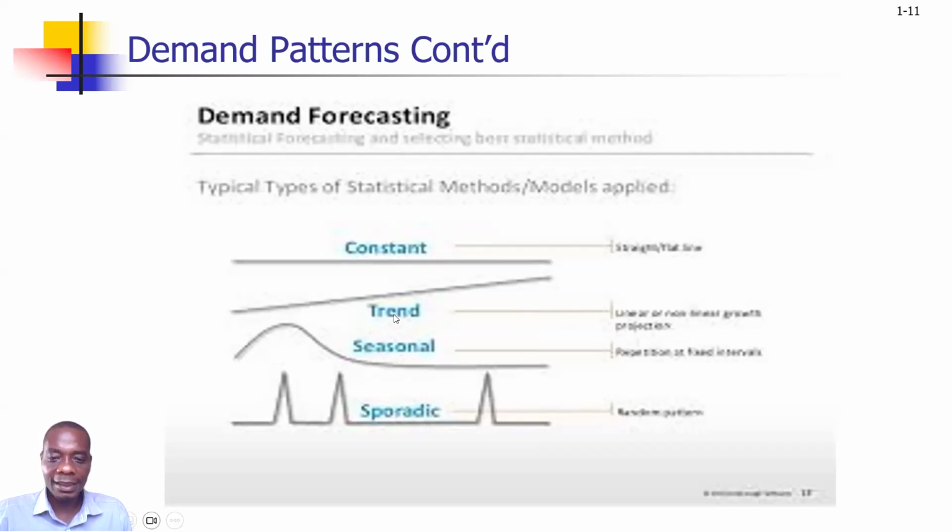Then seasonal demand tells you that sometimes demand for certain items will increase in certain months or certain periods and reduce at a certain time. Like we don't have winter in Ghana, but what kind of seasons do we have? The Harmattan and the rainy season. Yeah, let's take the rainy season.